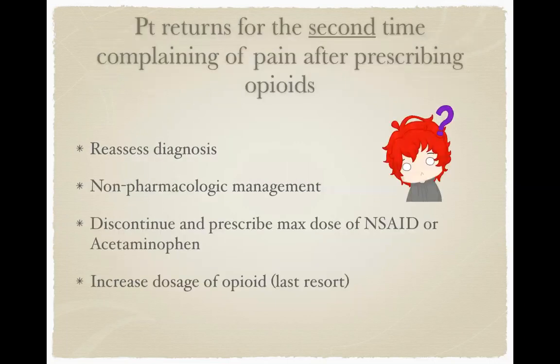Alrighty, so the patient came in the first time, you gave them the prescription of opiates, and they come back in a few days and now they're complaining of pain again. So what do you do? The very first thing is you have to reassess your initial diagnosis and make sure that you're really accurate on assessing the source of the patient's pain.